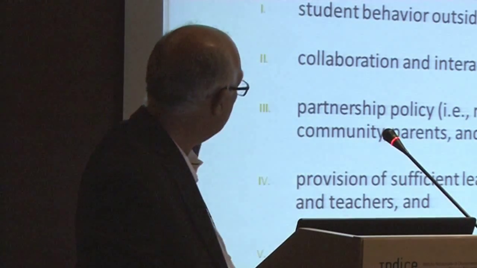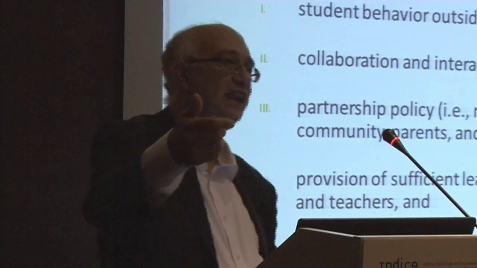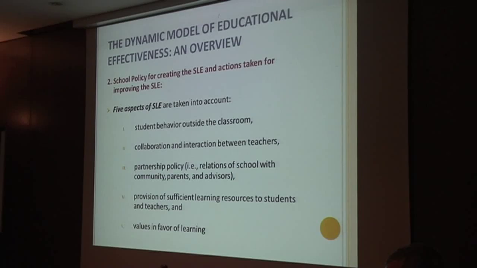The other two, number 2 and 3, try to influence learning indirectly. So teacher collaboration, for instance, the assumption here is that it can contribute to teachers' learning, and through that improve the quality of teaching, which is going to have an effect ultimately on student learning outcomes.